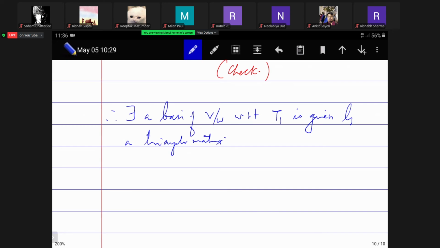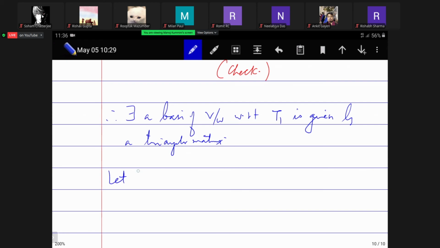But what does the basis of V mod W look like? They look like the equivalence classes of elements of V. So you can write them as V2 bar up to Vn bar. The point is that the vectors actually come from V. It is just their images inside V mod W that form a basis.